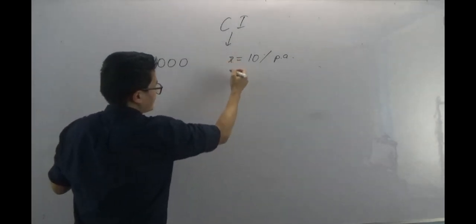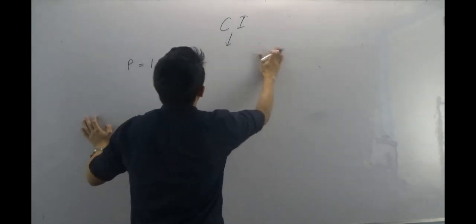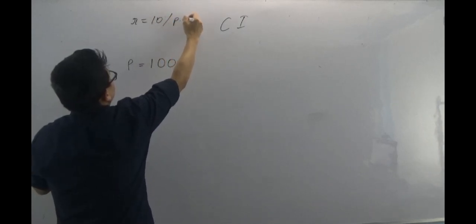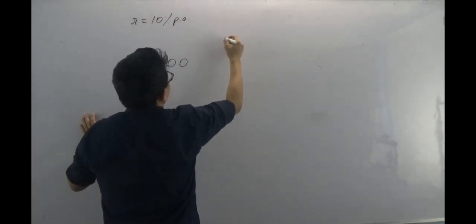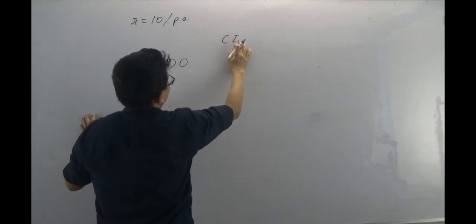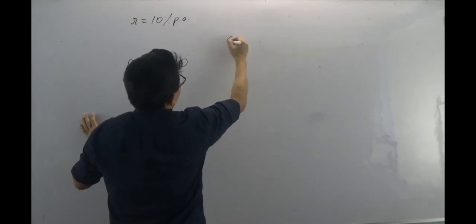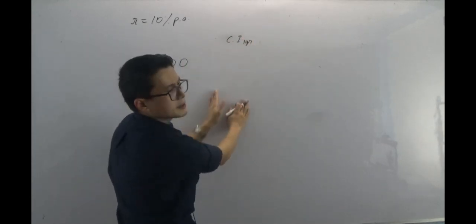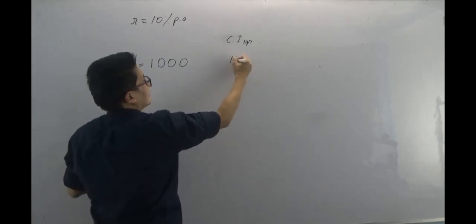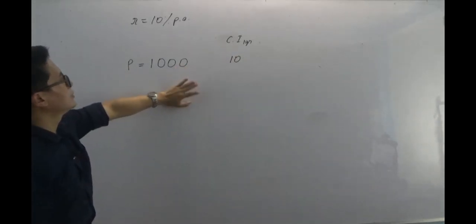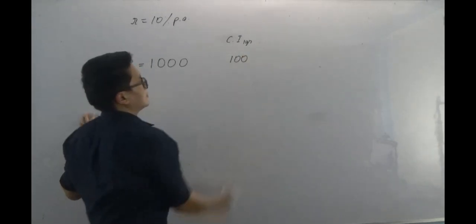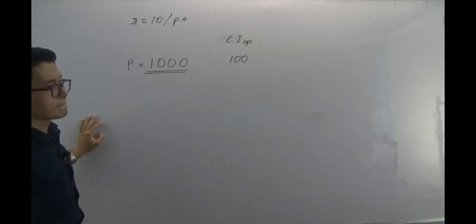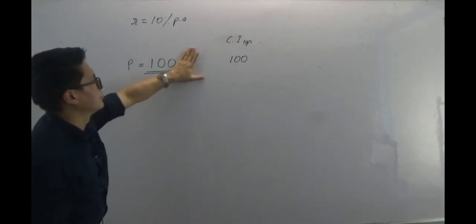So compound interest, for 1 year, will be the same as the simple interest. 10% of 1,000 is 100.